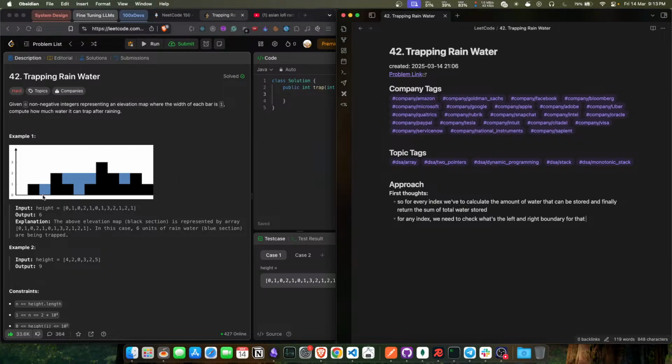Why I'm saying left and right boundary, for example, for this one the boundary is 1. It is 2 for this, right? So it's like that, right? So what do we do?